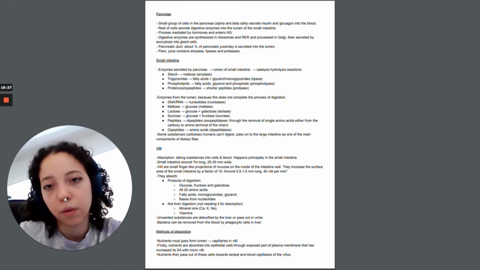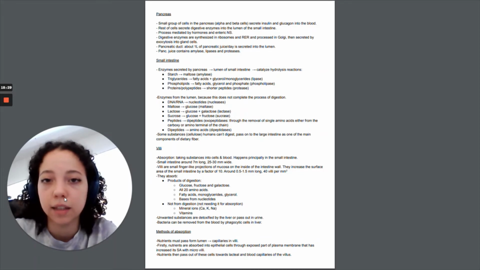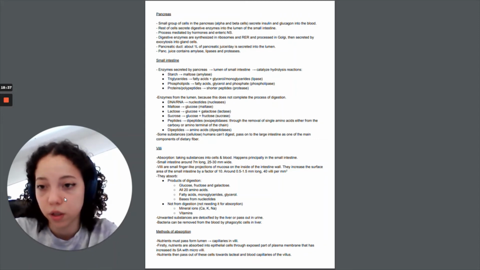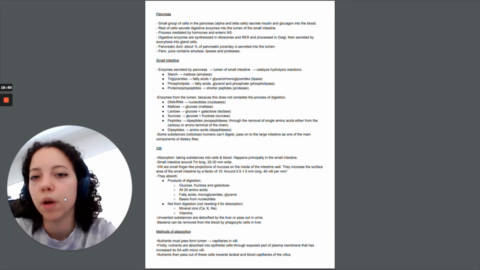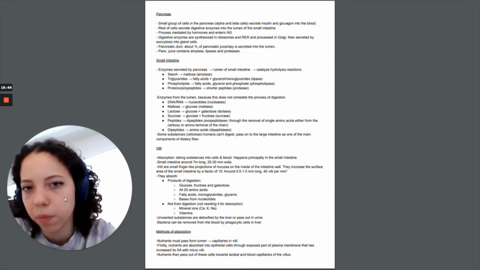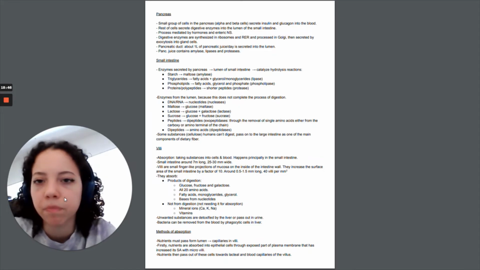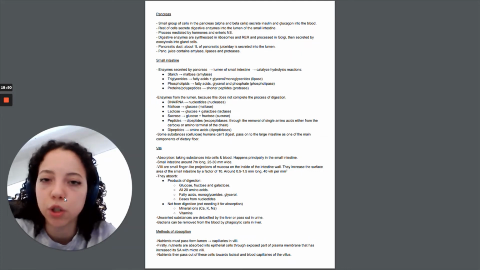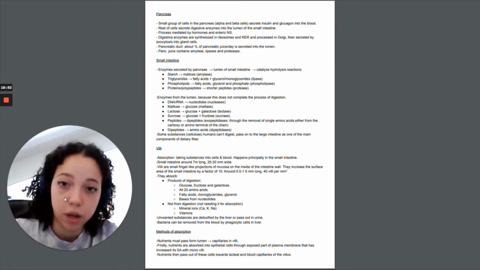Triglycerides break down into fatty acids and a monoglyceride through lipase. Phospholipids, which are basically like triglycerides, which are lipids but with a phosphate group, break down into fatty acids, a glycerol, and a phosphate group through phospholipase. And lastly, proteins or polypeptides are broken down into shorter peptides through protease.